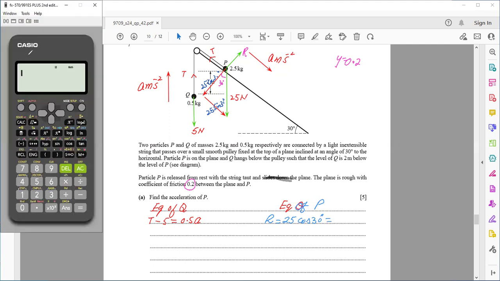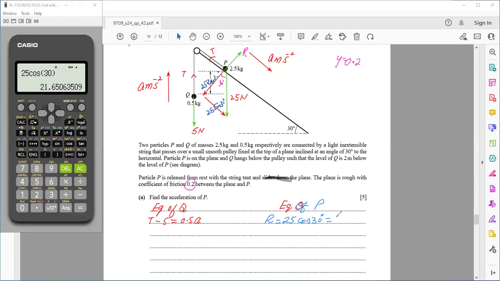So that will be equal to 25 multiplied by cos of 30 degrees. The answer will be in decimals. I get 21.65, if I'm not wrong. 21.65.